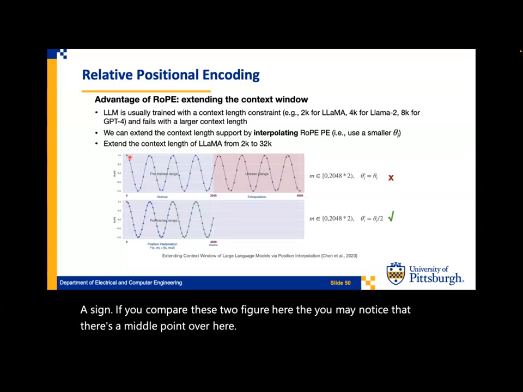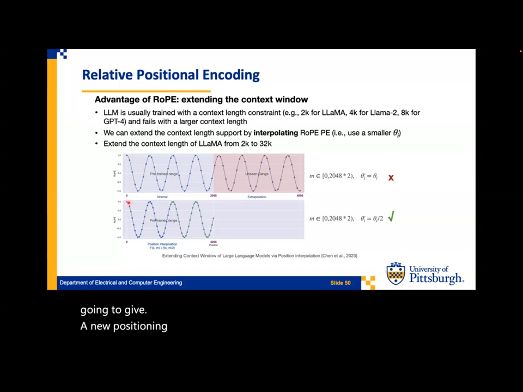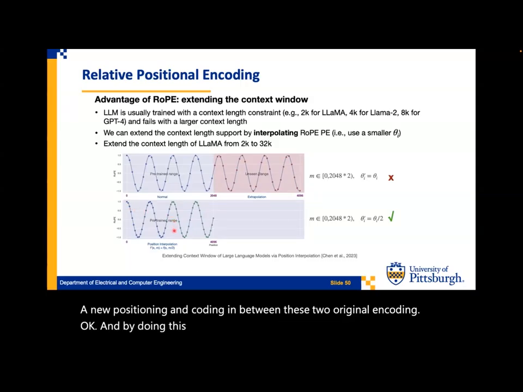What that means is that if originally the model was trained on 2048, and now you give me a prompt that exceeds 2048, I'm going to give a new position encoding in between these two original encodings. By doing this, I can interpolate the position encoding for the new tokens.